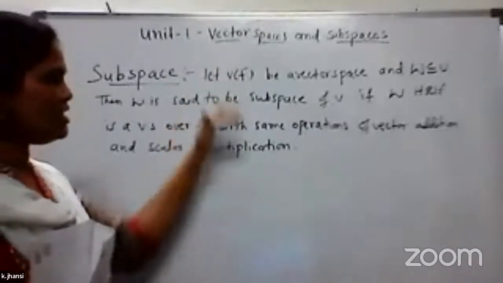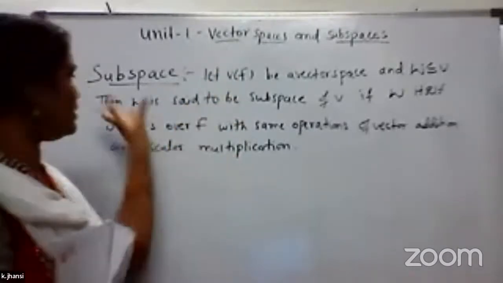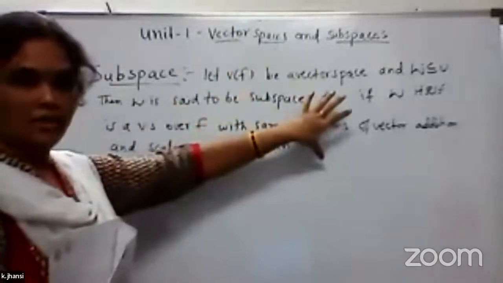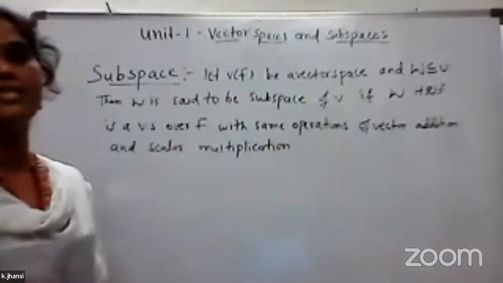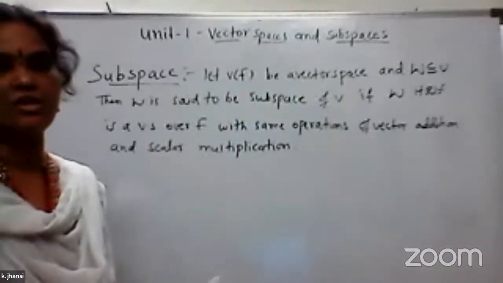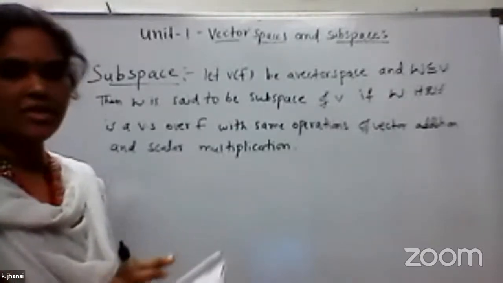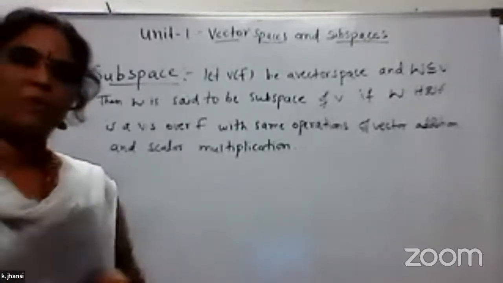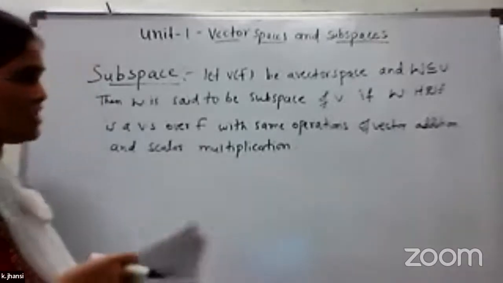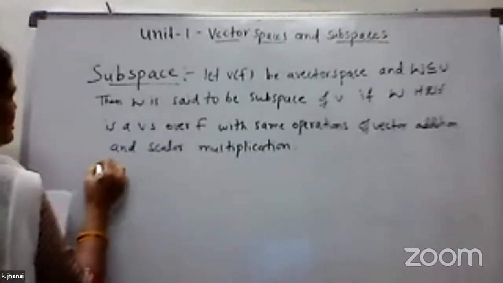This is the lengthy process, so we have the necessary and sufficient conditions. With the help of that, you can tell that the given subset is a subspace of V.